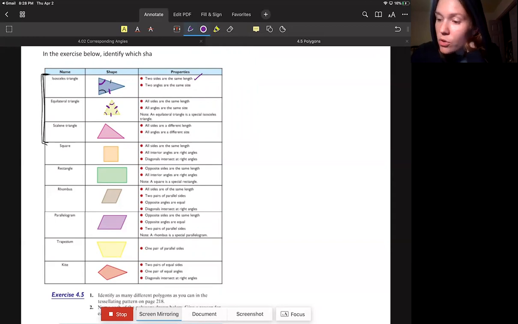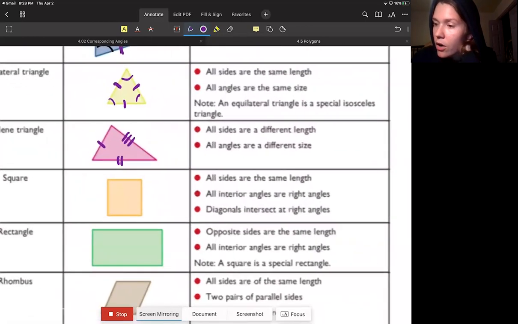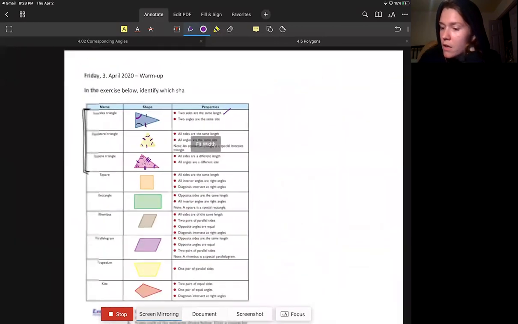And a scalene triangle where all three sides have different lengths, and therefore all three sides have different corresponding angles. And you can see this angle corresponds to this side, this angle to this side, and this angle to this side, okay?